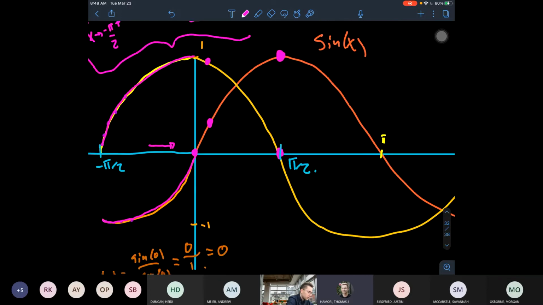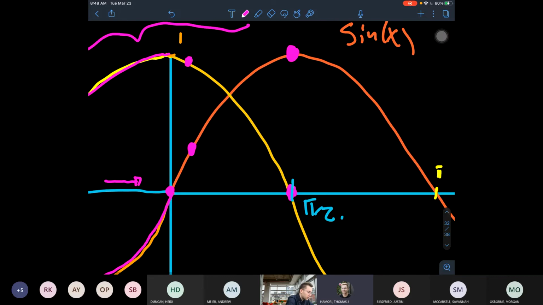Okay, so let's check. As we go marching along on the x-axis from 0 to pi over 2, the value of our cosine graph is getting very, very close to 0, but positive, and the value of sine of x is getting very, very close to 1, which is a positive number.